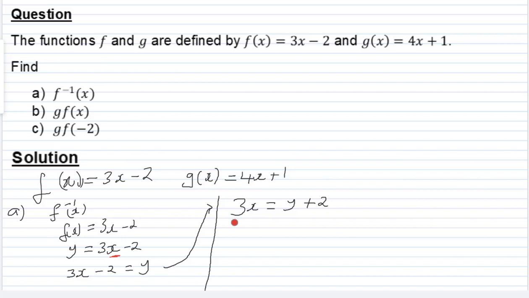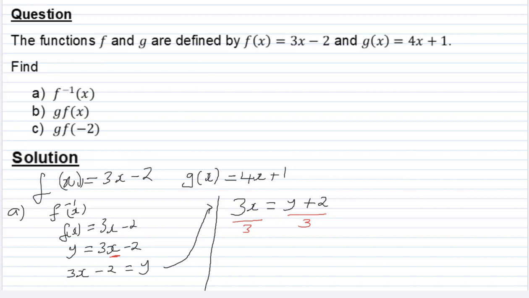Notice on our right hand side that the line dividing is long enough to cover everything, that is y and 2, because this 3 is dividing both y and 2.